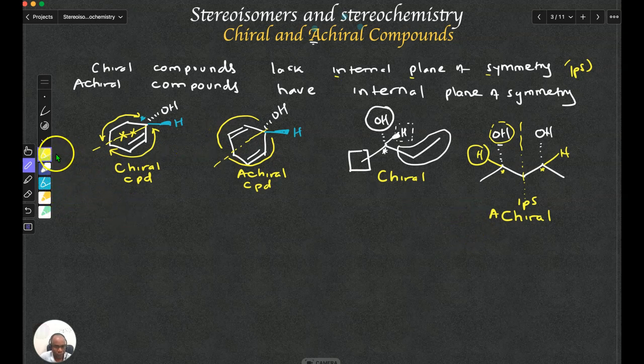Now another representation could be in chair conformation. So let's say you have a chair and you are given an OH axial up, and you're given an OH here, equatorial up.